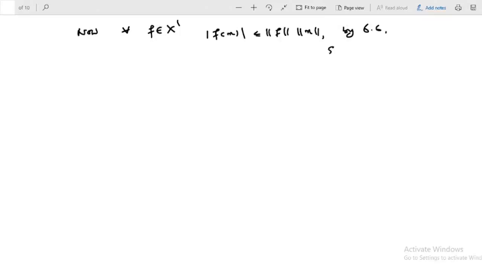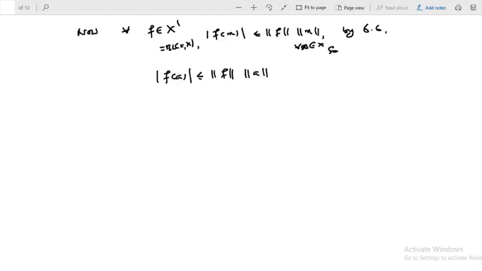Since f belongs to X dash, or X dash is equal to BL(X, K), modulus f of x is less than or equal to norm f into norm x for every x belongs to X by theorem 6.6. Then in particular, modulus f of a is less than or equal to norm f into norm a.